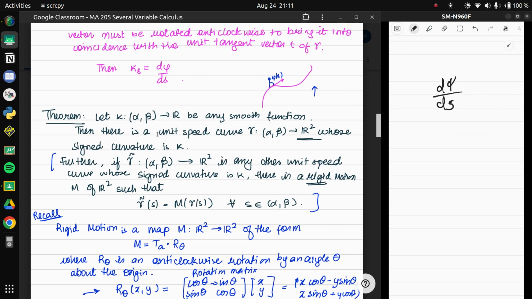Let's just say that initially you are starting off at some s equal to 0 point, and you have some sort of a velocity vector. How do I even show this stuff?